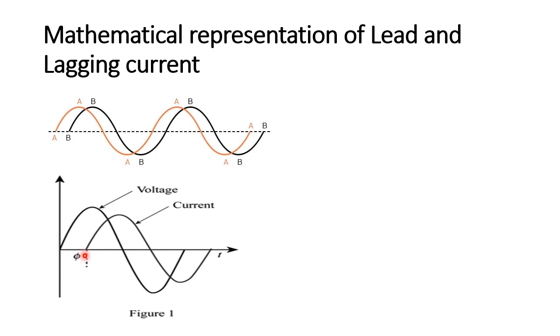Current is leading the voltage. For example, I am considering this phase difference as 90 degree. Therefore I can tell this current waveform leads this voltage waveform by 90 degree. Or in another way, this voltage waveform lags the current waveform by 90 degree.